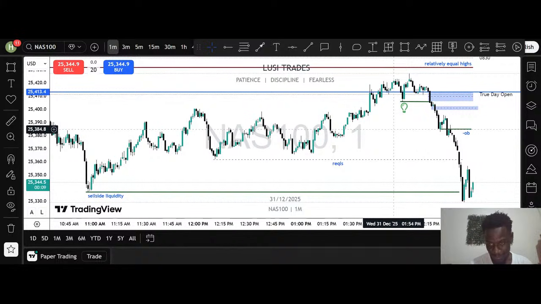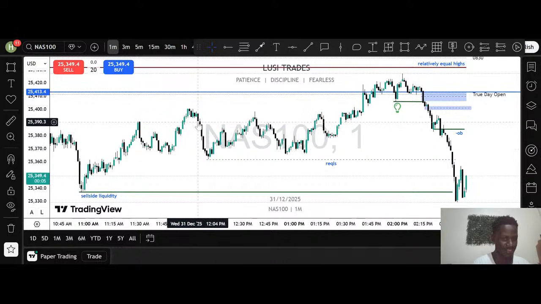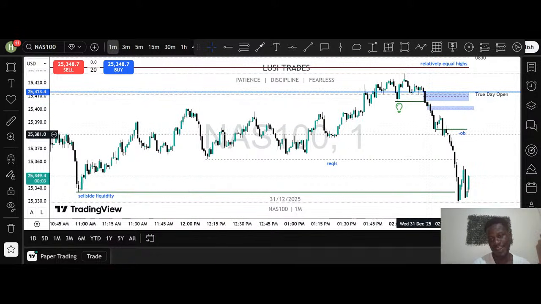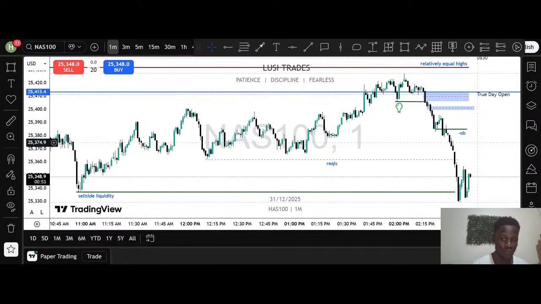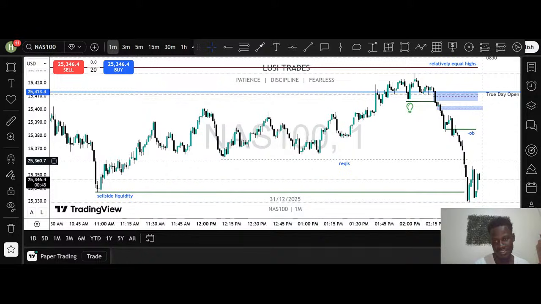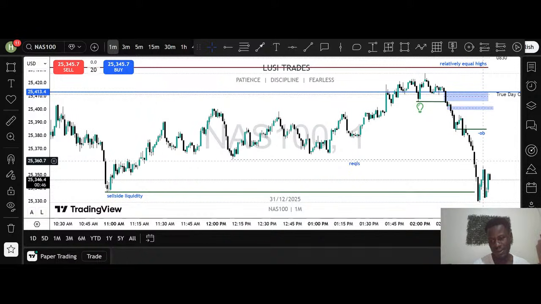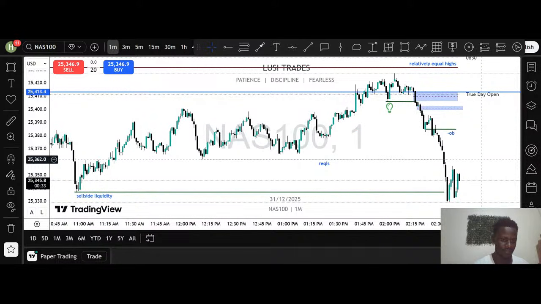So far, this was the setup. I didn't execute, maybe because I was waiting for a return into these levels, but it went without me. Still fine. If it now wants to trade higher or continue lower, that's none of my business, because I want to program my mind to be only catching this range.